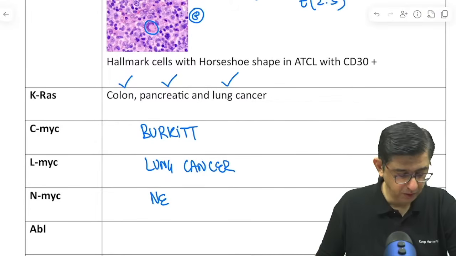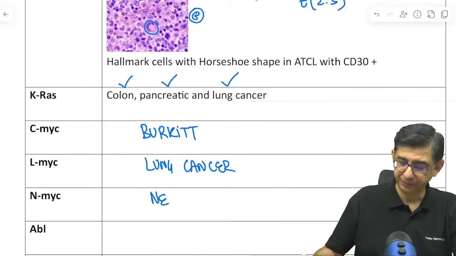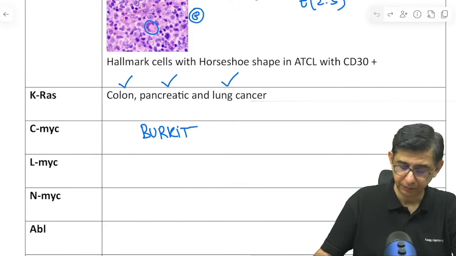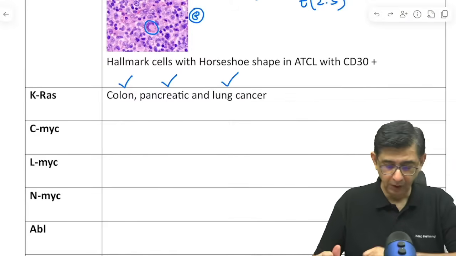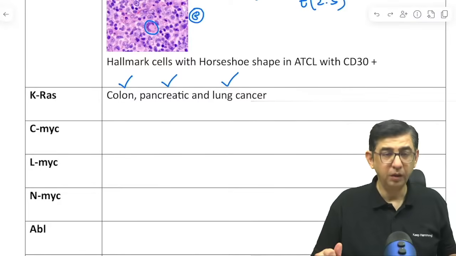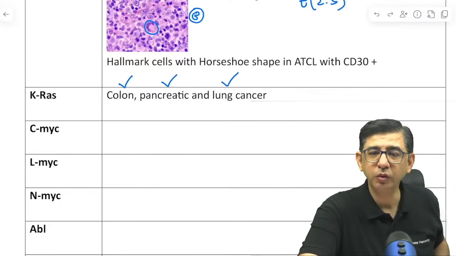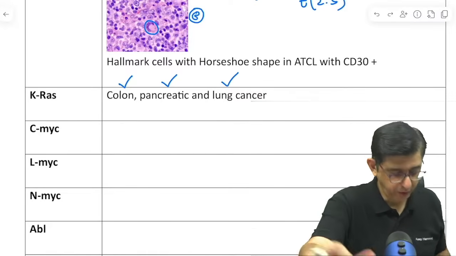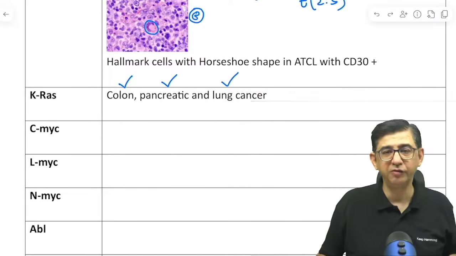If we can just close and start again. It should come. No, no, it should be coming, guys, because it shows perfectly fine audio on my part. Just refresh.